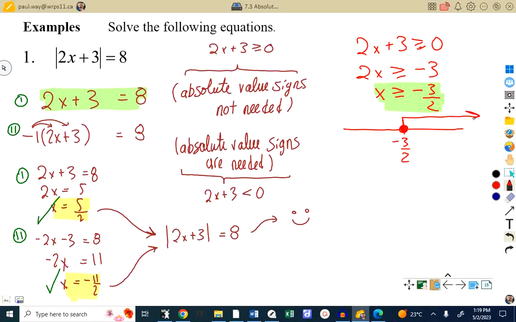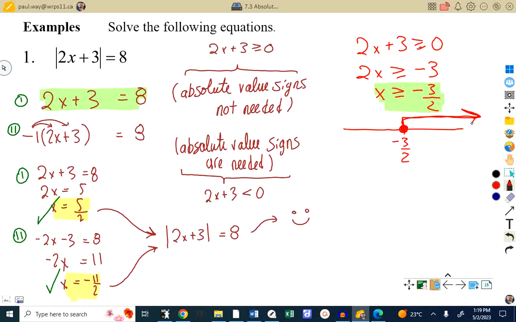Correct? Look at the answer we got from that equation, 5 over 2. Is 5 over 2 in this domain? Yes, because 5 over 2 is a positive number. It's obviously bigger than negatives, and that's why that's a solution. You shouldn't need to put it into the equation to check it.